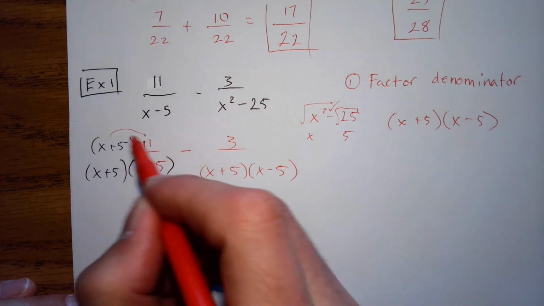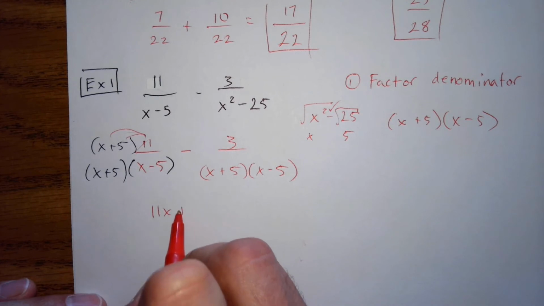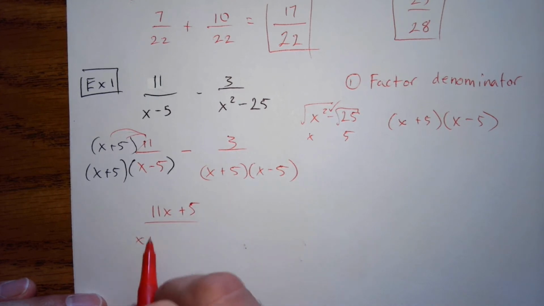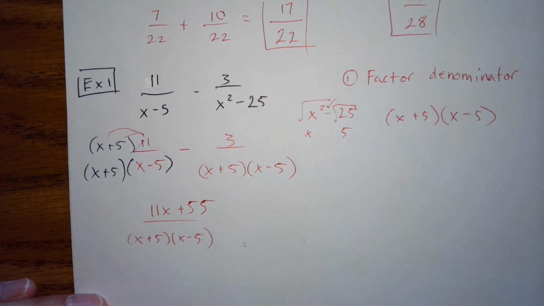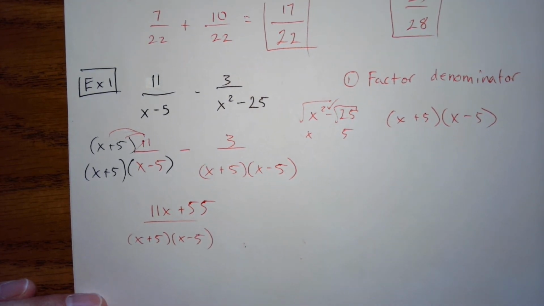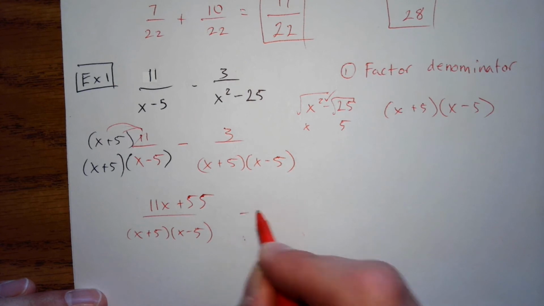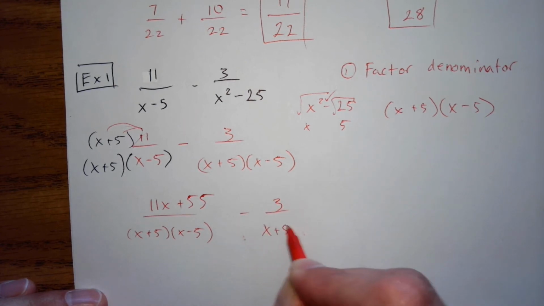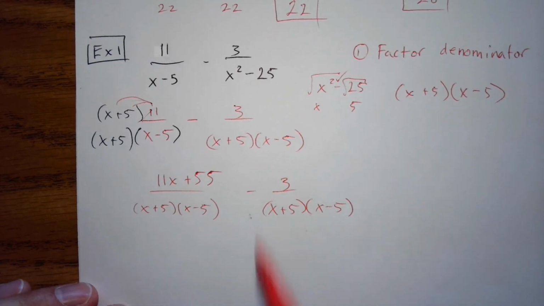Then I can distribute. So I would get 11x plus 5 over x plus 5, x minus, oh, thank you. Wait a minute. 11x plus 55. Oh, so I have to wait a second. Yeah, I didn't distribute all the way. And then three stays the same.